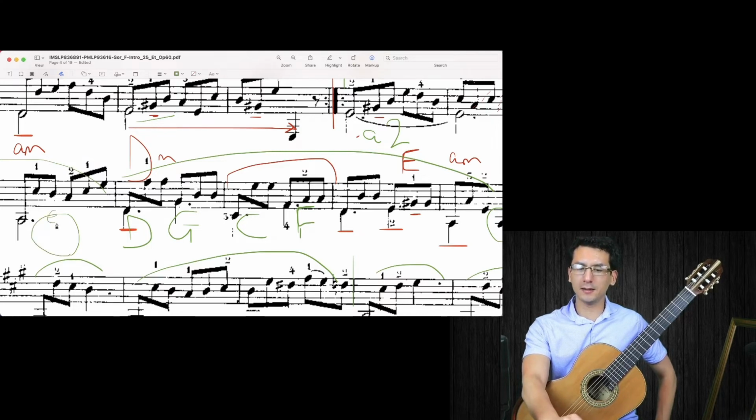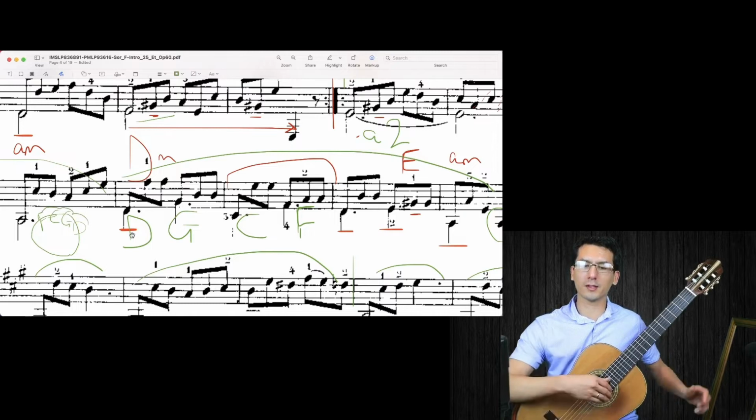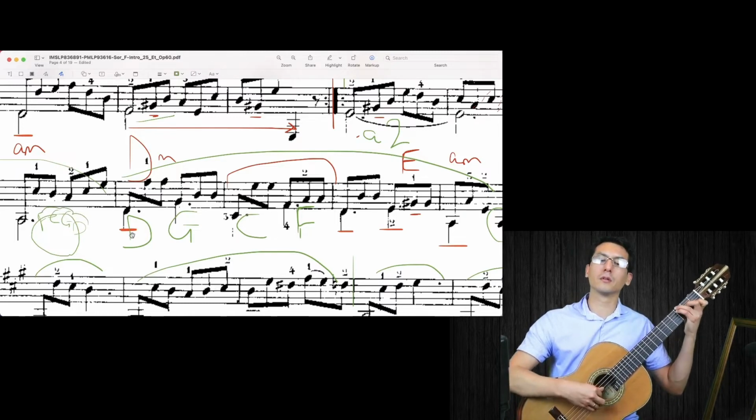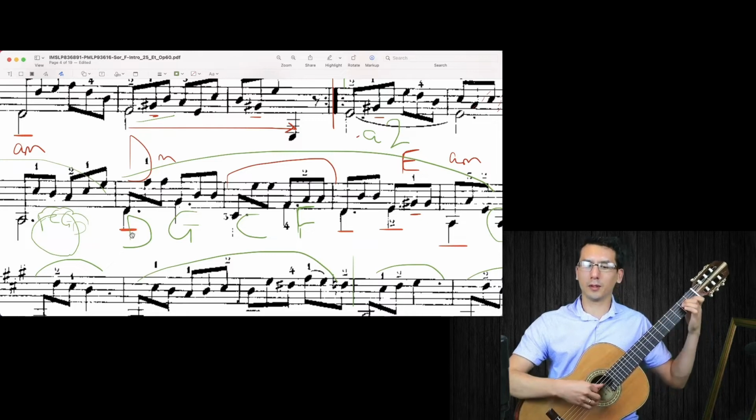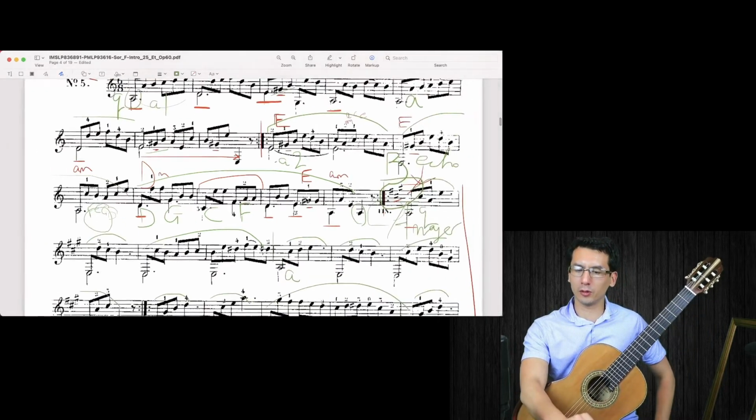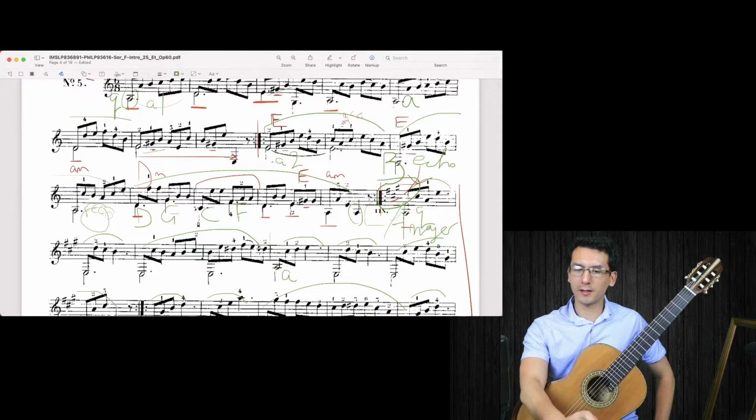We have C, and then G's next, and then D is next, and then we're going to go this way. We're going to F, counterclockwise from C. It's not the prettiest circle, but we're going from D to G to C to F, going around the circle. And that's how we're getting that beautiful kind of progression. And then we're going back to A minor from that F chord there. So there's a really nice little contrast towards the end of the A section.